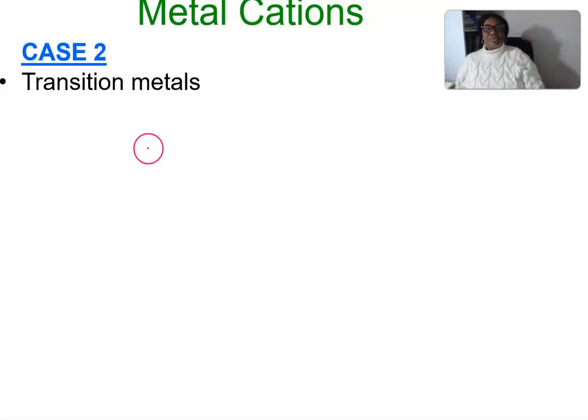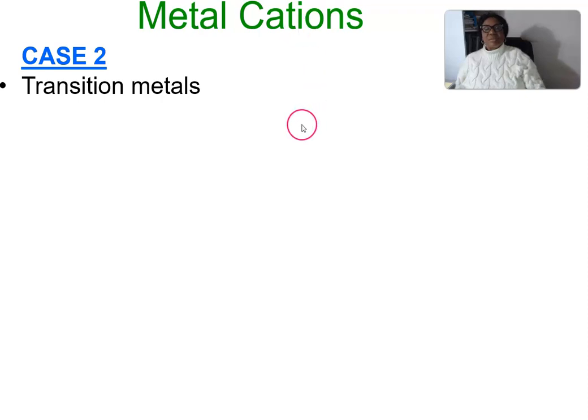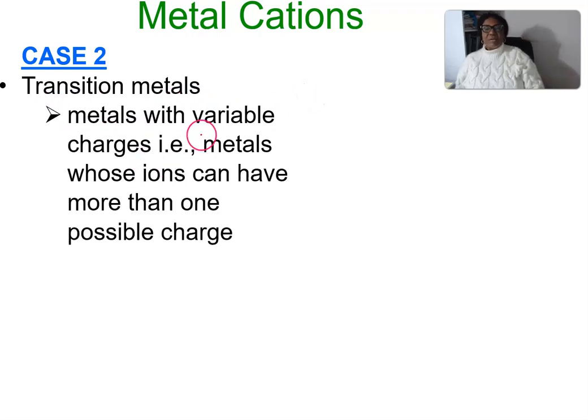Case 2, metal cations. We are still on metal cations. How to name them? Transition metals. Metals with variable charges. Metals whose ions can have more than one possible charge.